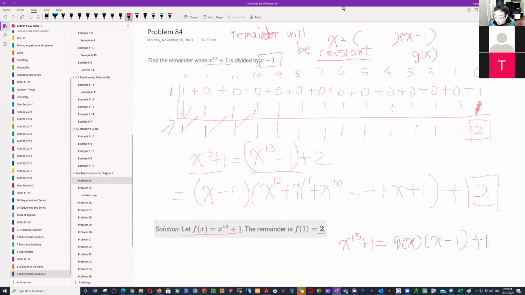Let's say the remainder is r. So f(x) equals this, and the remainder is a constant.